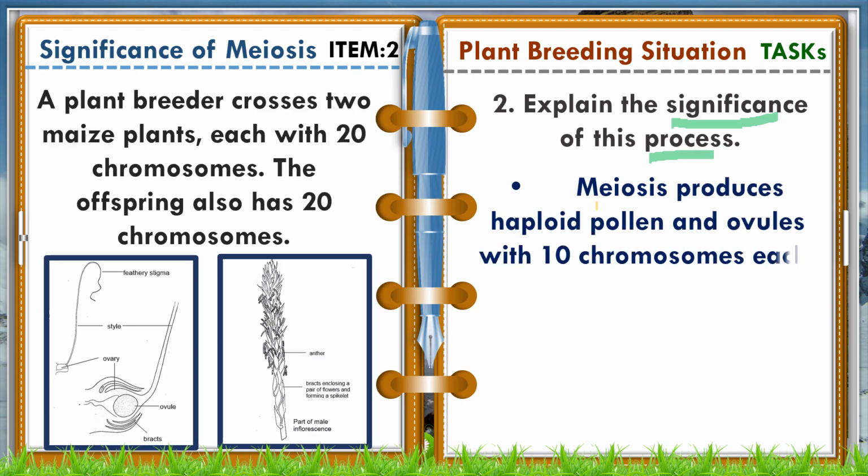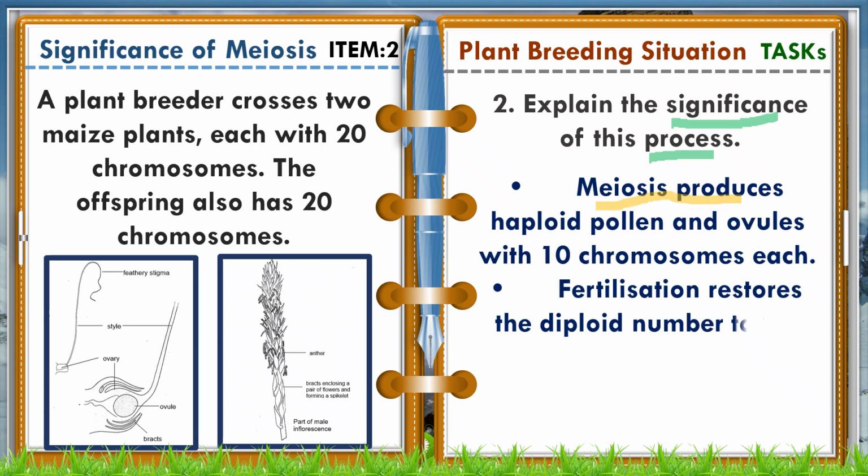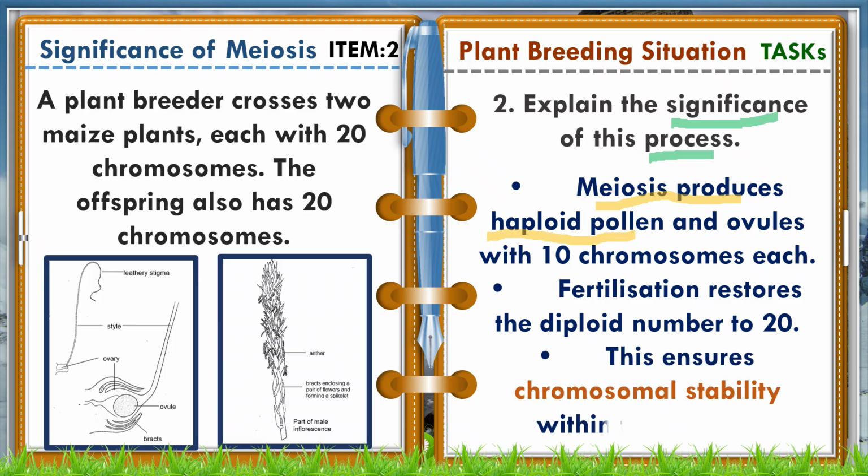So we say meiosis produces haploid pollen and ovules with 10 chromosomes each. So with the process of meiosis, for example here we are saying 2 parents are bred, each with 20. And let us use these diagrams of ours.